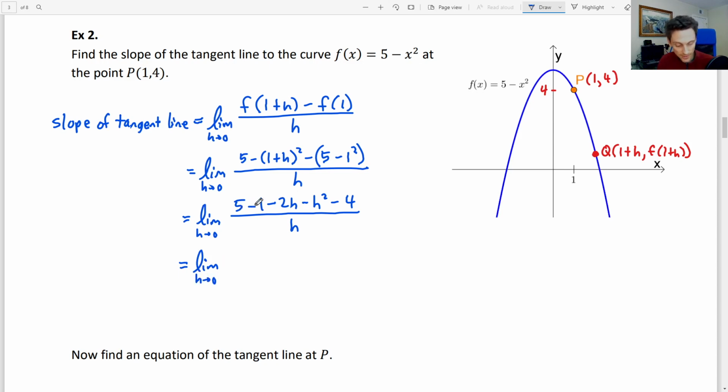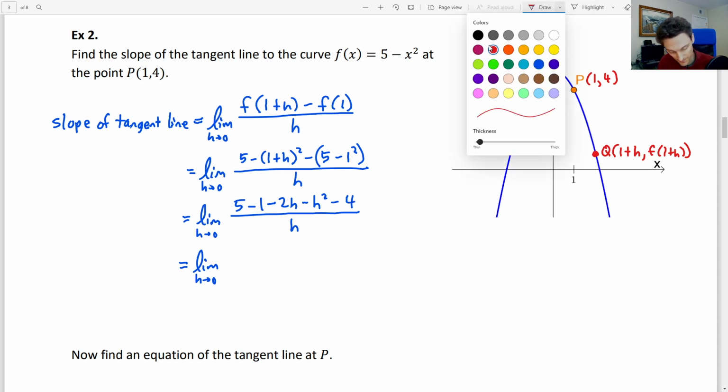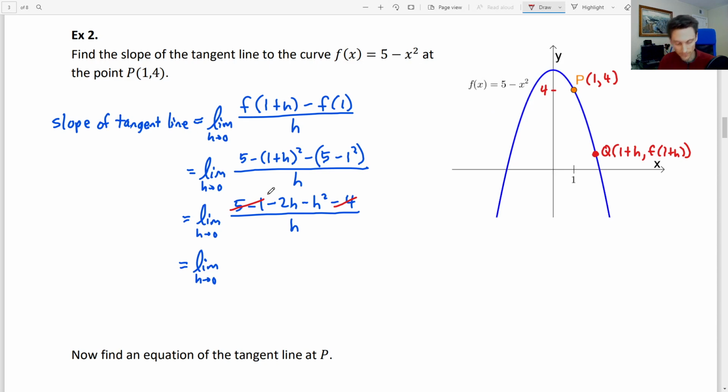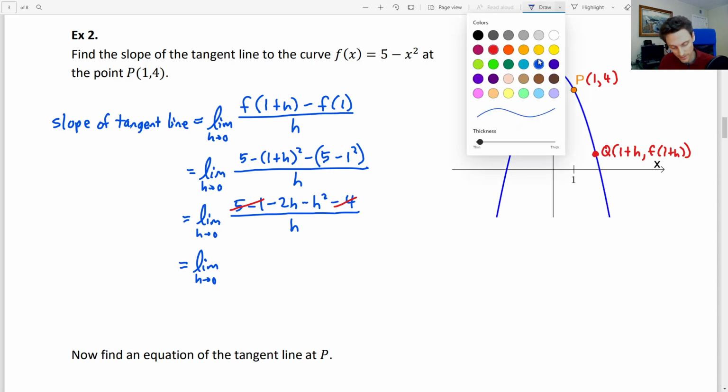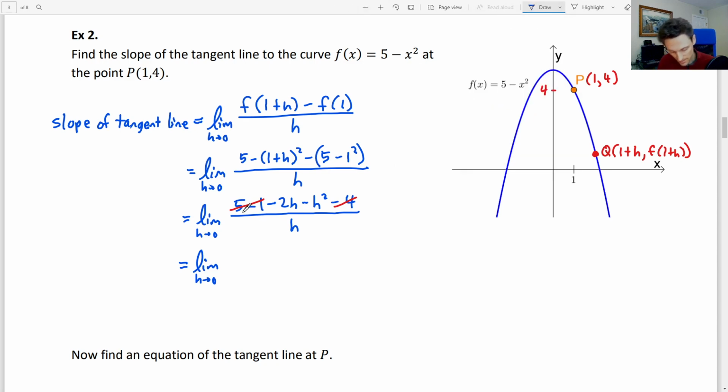Notice that here we're going to get 5 minus 1, which is 4, minus this 4 gives you 0. So the 5 minus 1 will cancel with the 4, in other words. So you'll get negative 2h minus h squared over h. Now we can simplify even further.